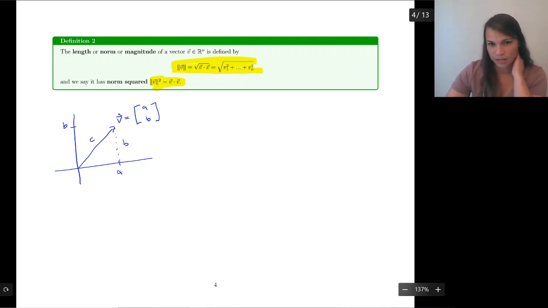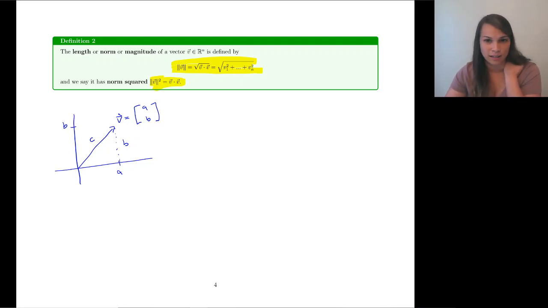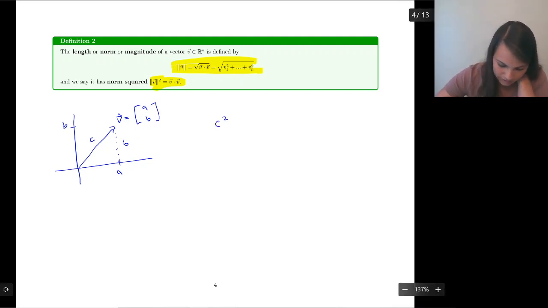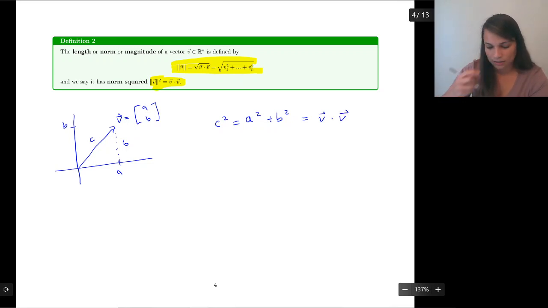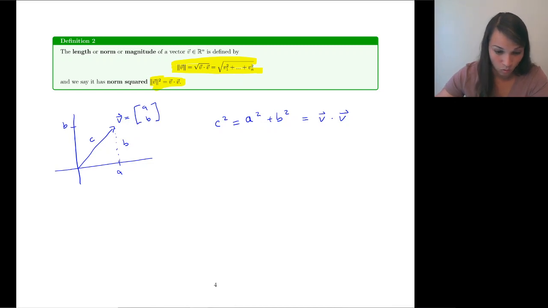Remember, Pythagorean's theorem is we look at C and we're like, so what is the hypotenuse of this triangle? AKA, what is the length of our vector? And we say C squared equals A squared plus B squared. Okay, but that is just equal to V dot V, right? Because if you go component-wise, you do A times A plus B times B. So that's just V dot V, which is the norm squared.